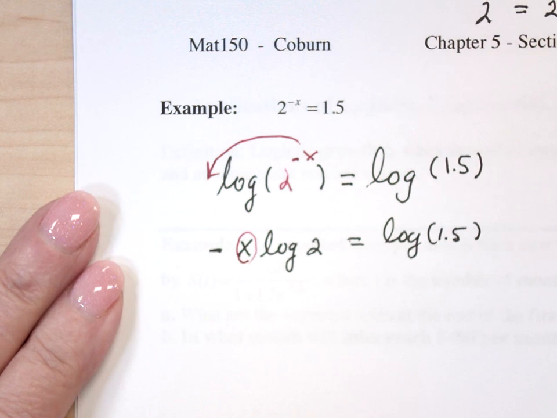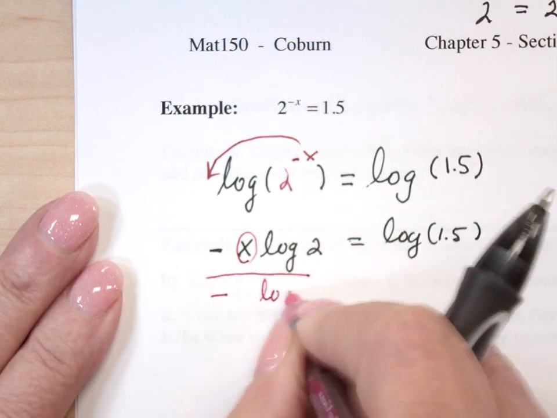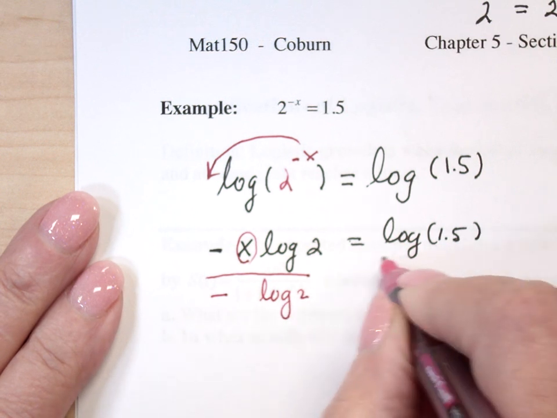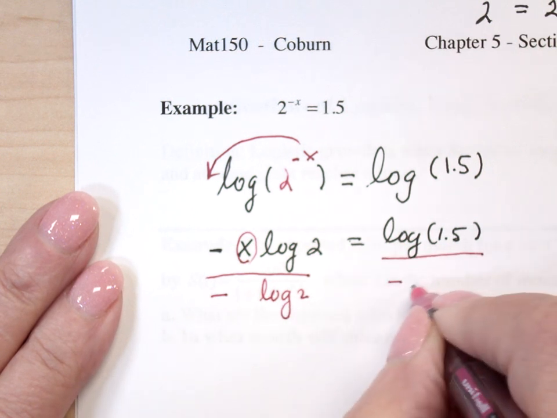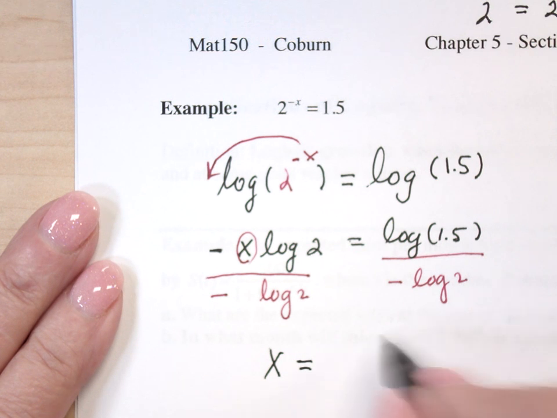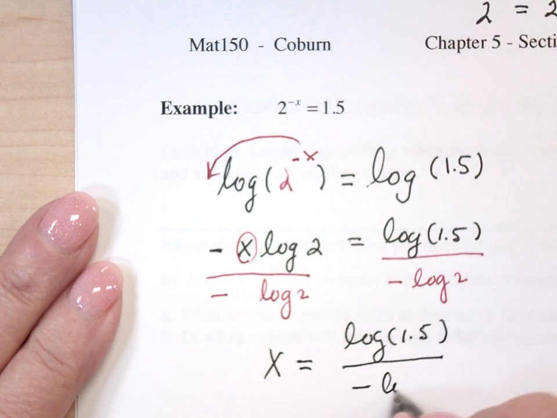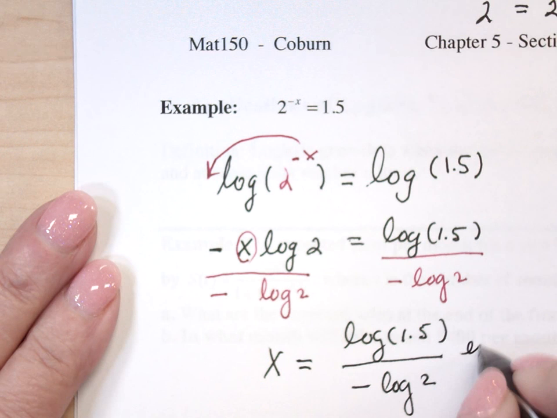In order to get x by itself, I need to get rid of the minus, and I need to get rid of the log of 2. So I divide both sides by the opposite of the log of 2, so that x is equal to the log of 1.5 divided by the opposite of the log of 2. Now that's an exact answer.